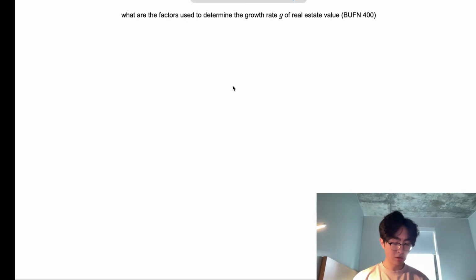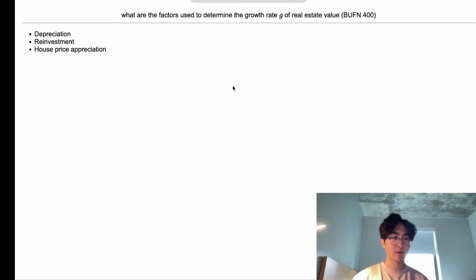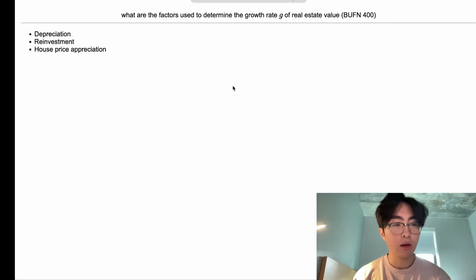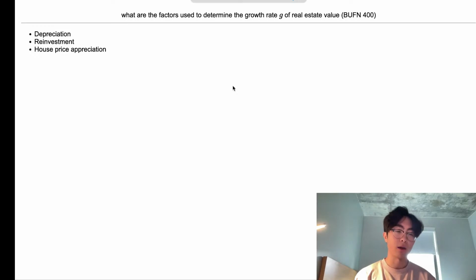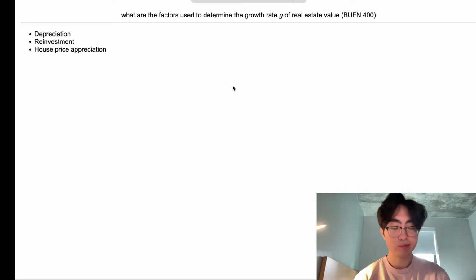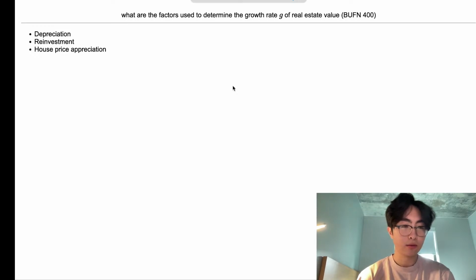I think those are two main ones that I can really remember. Appreciation. Okay, right. So then you could also have maybe a decrease in the value of your home through depreciation. Investment, house price appreciation, right?